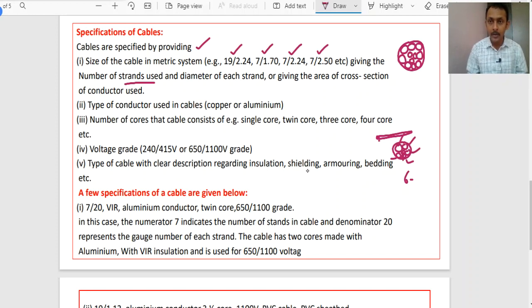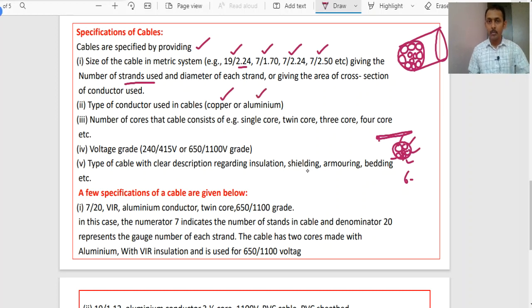The denominator part indicates the diameter of each strand, and the numerator part indicates the number of strands present, like this, right?